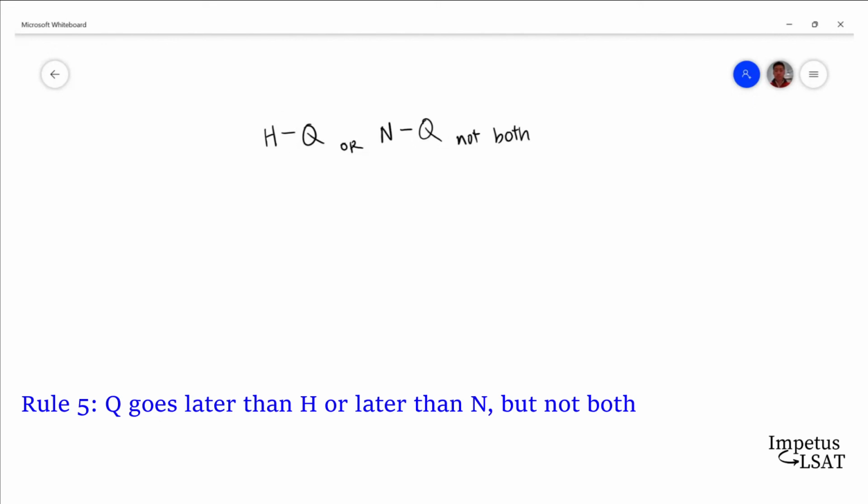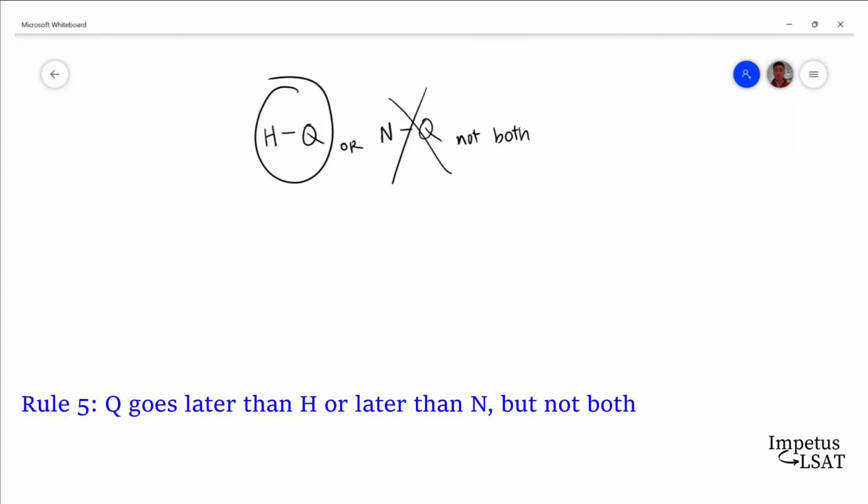But also notice how both parts of these rules contain Q. So there's a repeated entity here, which tells me that there's likely to be some type of relationship between the two parts. So let's consider that real quick. So let's go back. If this were to happen, then N does not go before Q. But wait a second, this is a standard sequencing game. So then what would that mean?